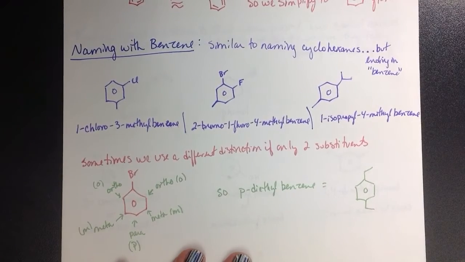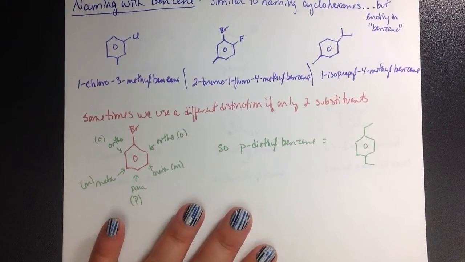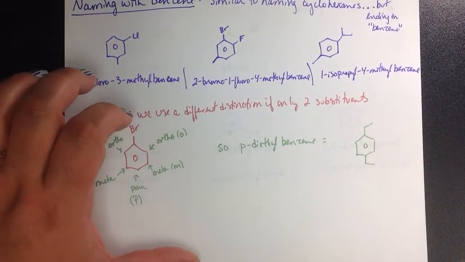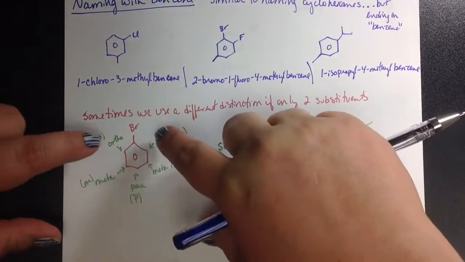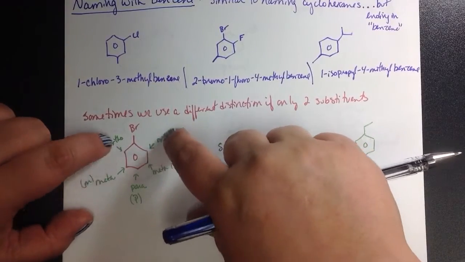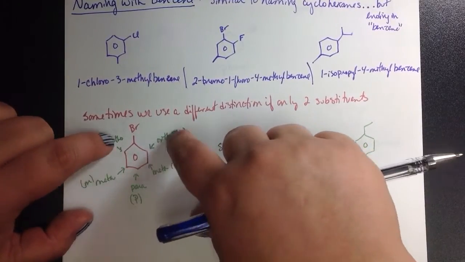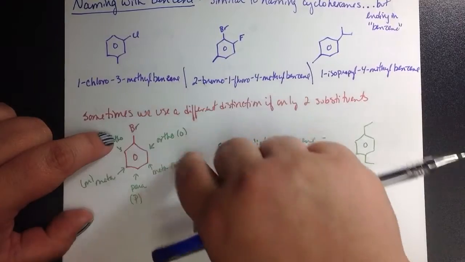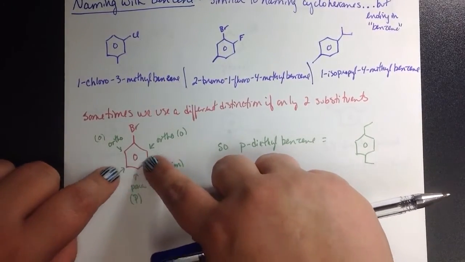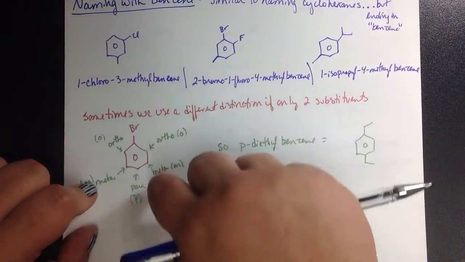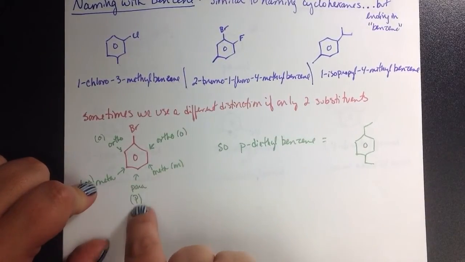There are other ways to name things, and you might see this every once in a while. If you consider this as your major substituent, these 2 carbons, anything that's coming off of these 2 carbons would be ortho position to that. This would be the middle or meta position to that, and this would be the para position.